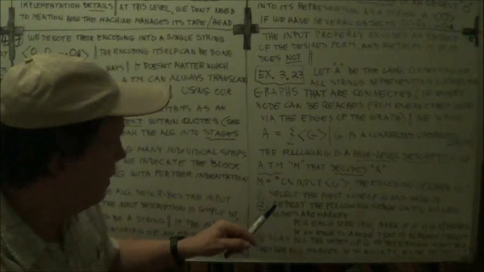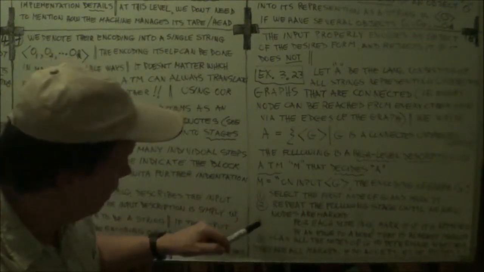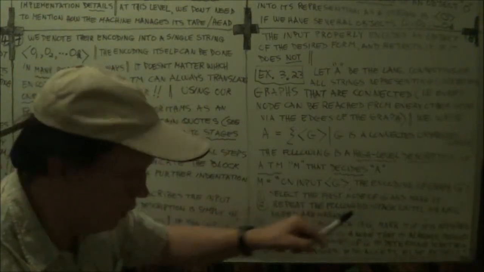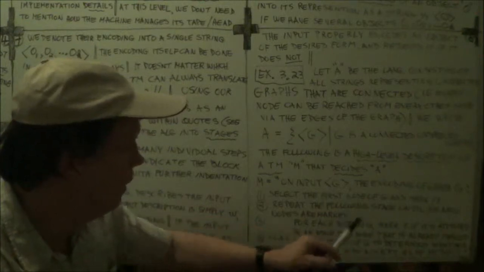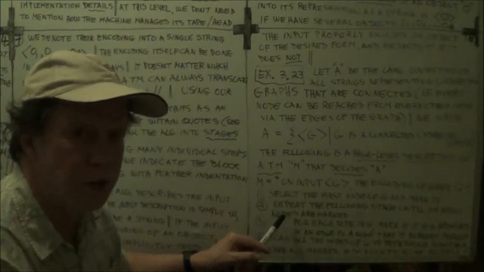All right. Now you go into a loop, and you just keep going through this loop, doing stage 3. So 2 is like an outer loop, repetitively looping stage 3. You need to specify when you stop the loop. So you just repeat stage 3 until no new nodes are marked. In other words, all the nodes have been marked.